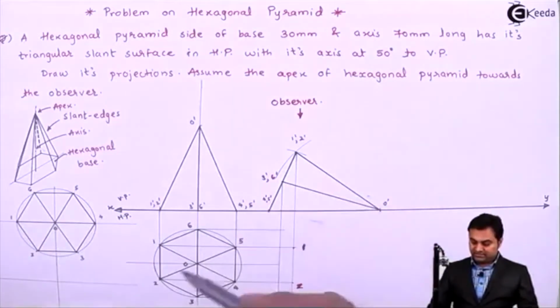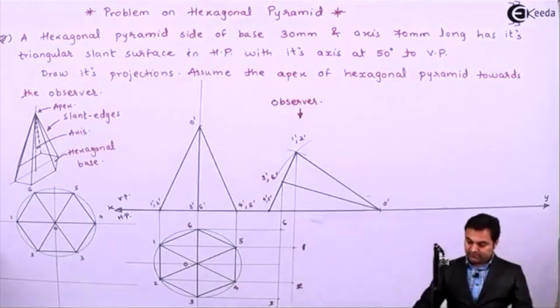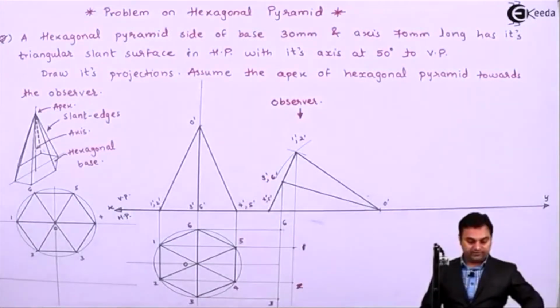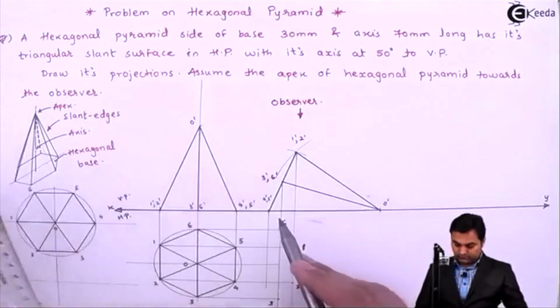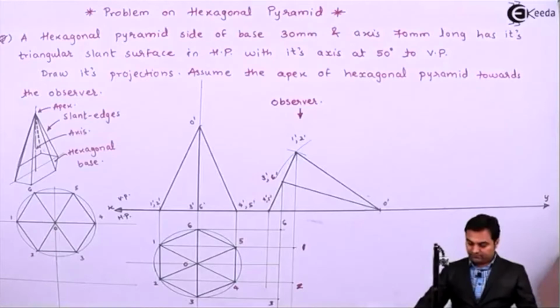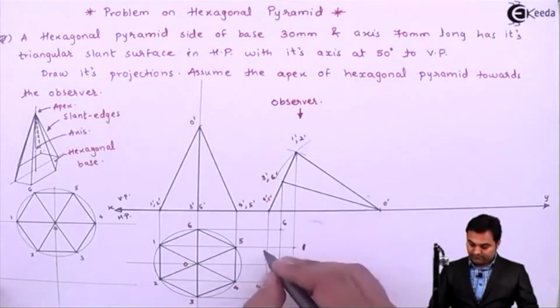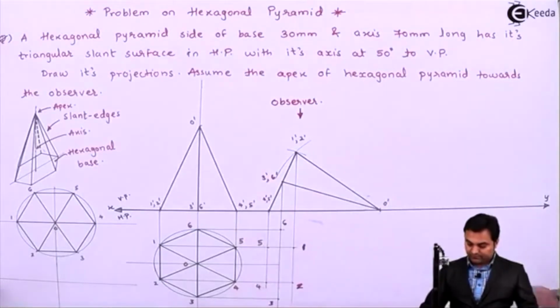So point 6 dash and 6, where they intersect, that will give me the point 6. Next for 4 and 5, 4 dash 5 dash will be projected down. Where 4 dash and 4 intersect, that will give me point 4. Where 5 dash and 5 intersect, that will give me point 5.